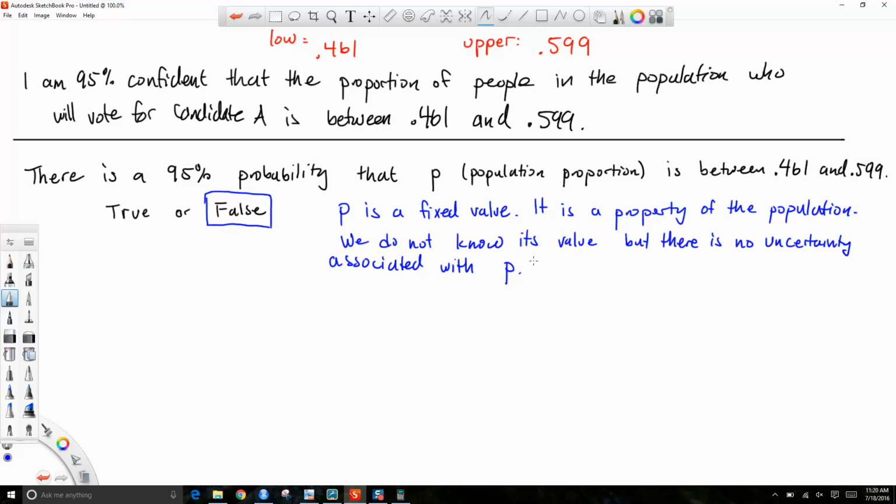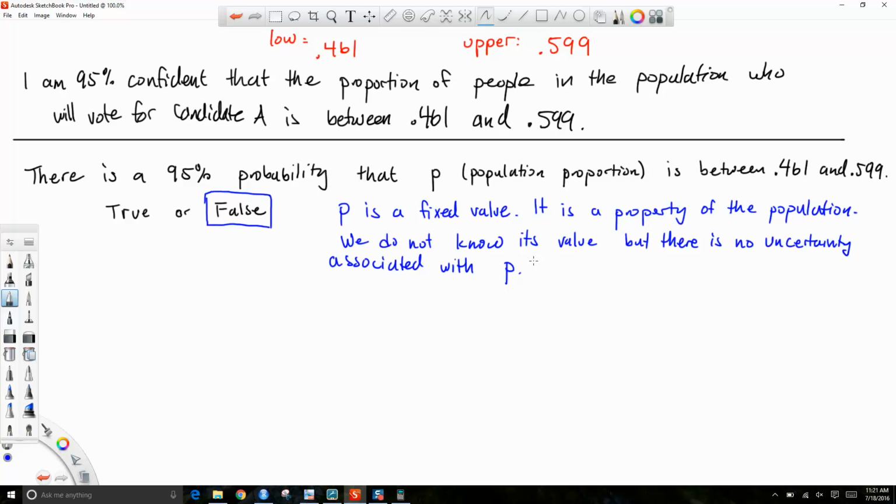At that point, even though you don't know how it landed, you can say, I am 50% confident that it landed heads, or I'm 50% confident that it did not land heads. But it no longer makes sense to say there's a 50% probability that it landed heads, because it either did or it did not. Right?